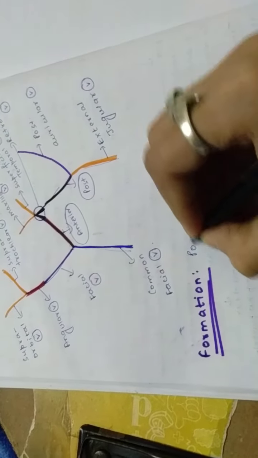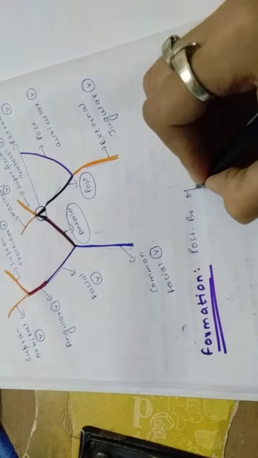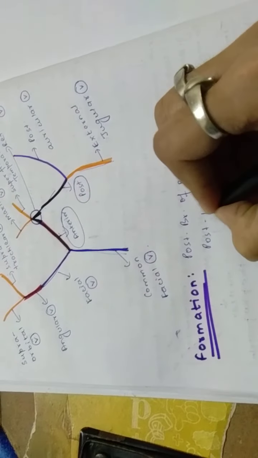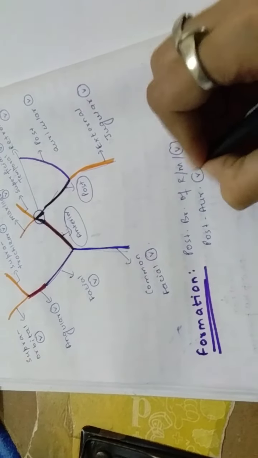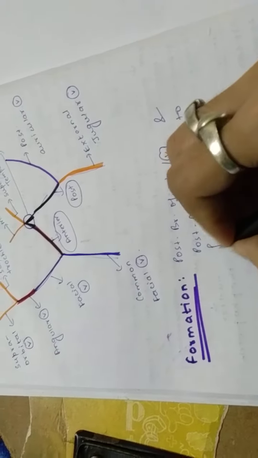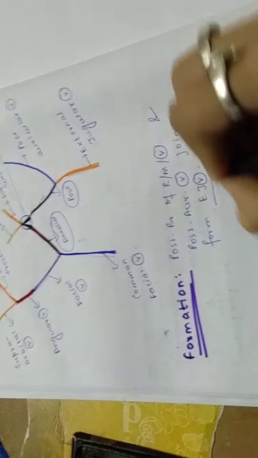I am writing the short form: posterior branch of retromandibular vein and posterior auricular vein joins to form external jugular vein. Right?